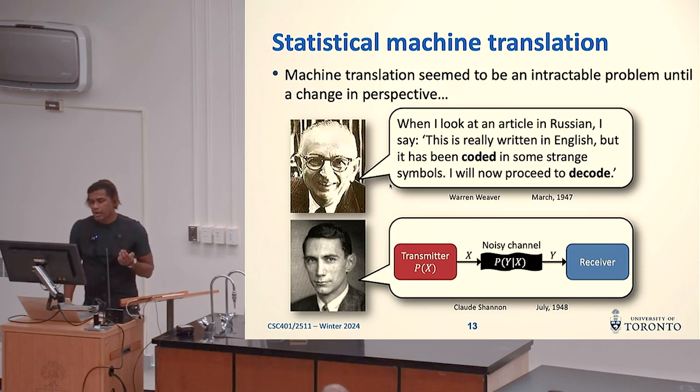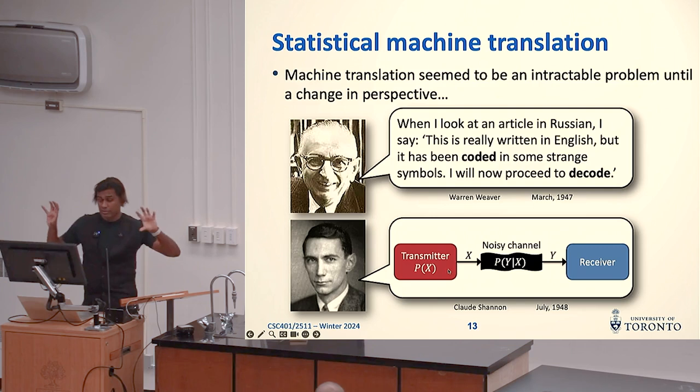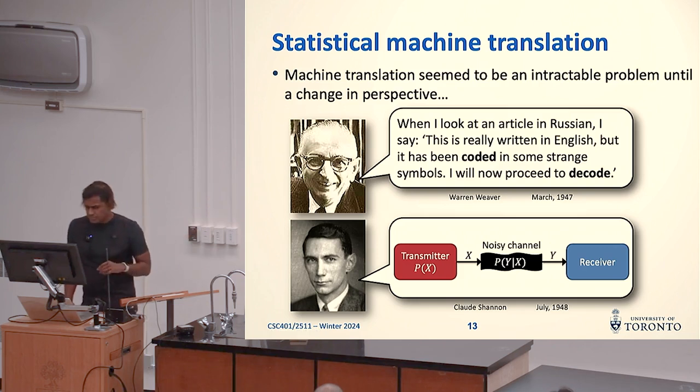And at the bottom is a high-level formalization of the noisy channel. From a signal processing perspective, you have a transmitter transmitting a source language, going through a noisy channel, and on the receiver side, you're observing the distorted foreign language. And how can we use this for our purpose?